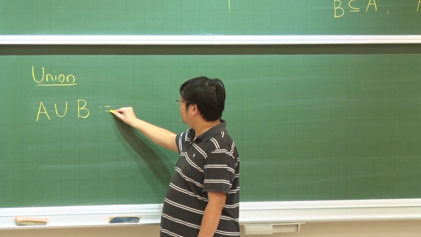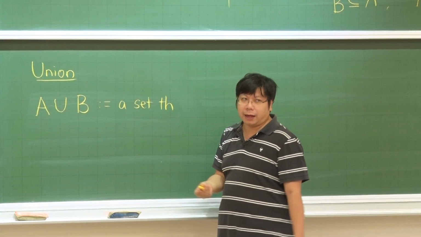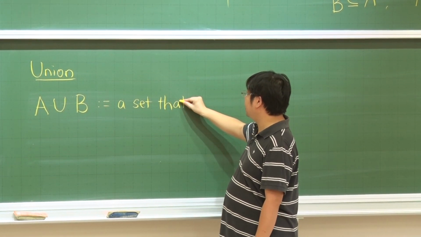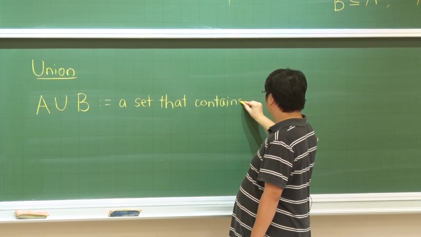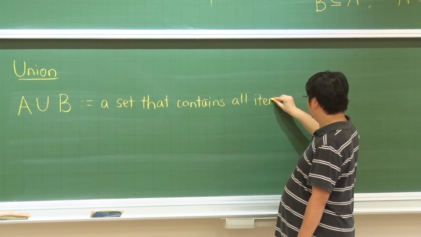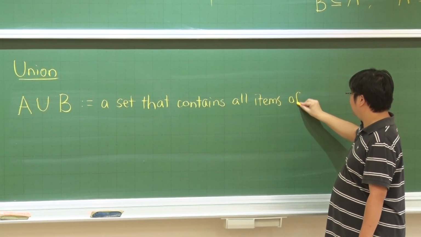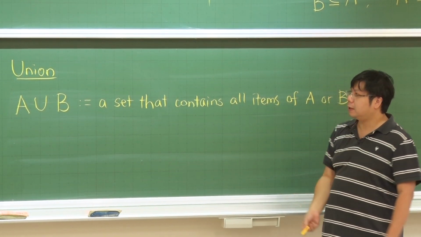It is a set that contains everything that is in A or in B. All items of A or B. Is that okay?